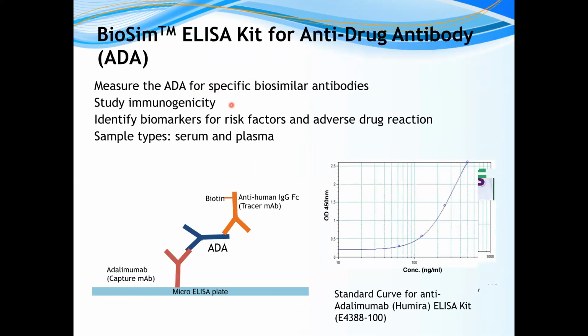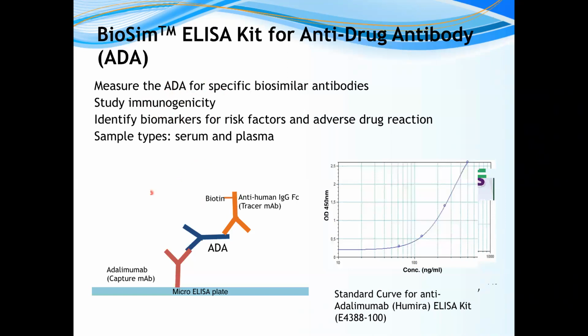So this measures the anti-drug antibody, that means the antibody against the biosimilar antibody or biosimilar drug. This is also very helpful for the researchers who are studying immunogenicity. For example, they are trying to understand the immune response to the biosimilar drug.